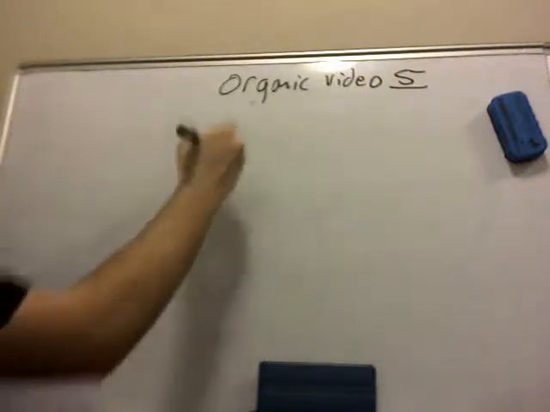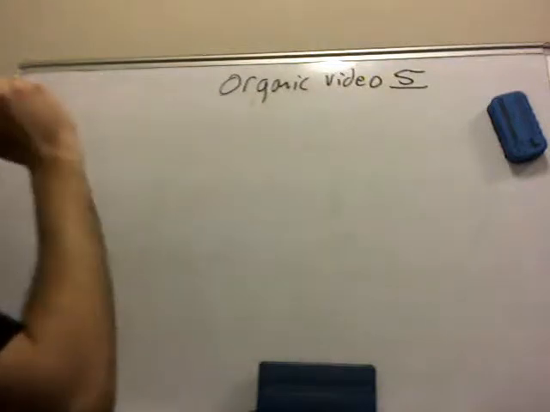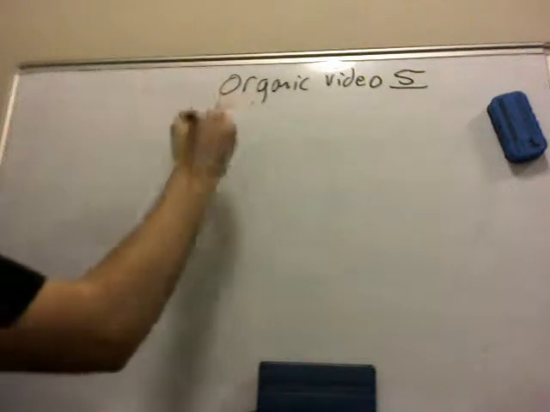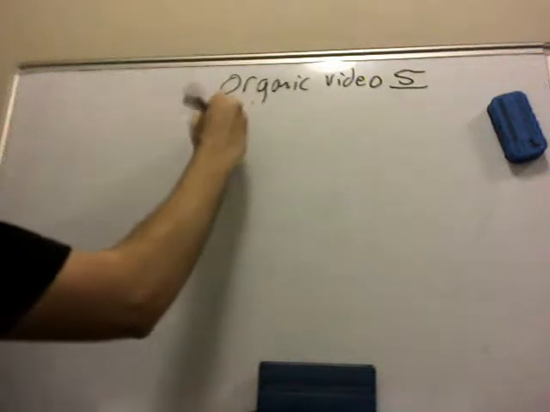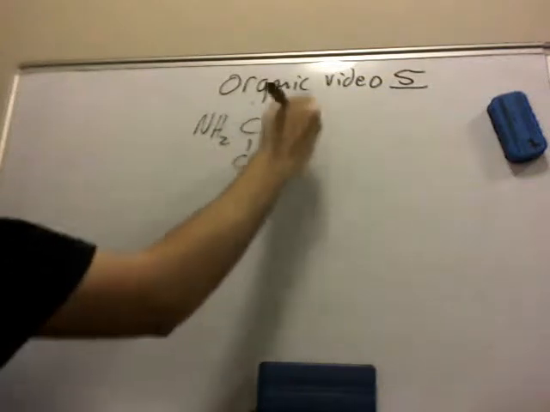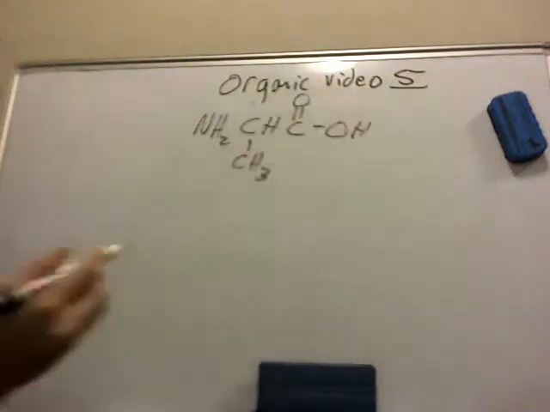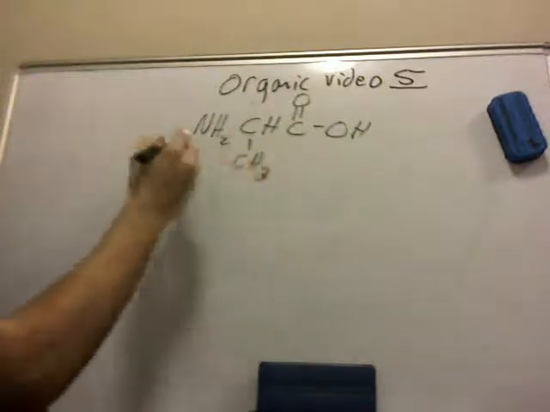But anyway, let's do alanine, which is one of the most simple amino acids next to glycine. So we have NH2, CH, CH3. Alright, so here's alanine. If you look at the chiral carbons, this is a chiral carbon.